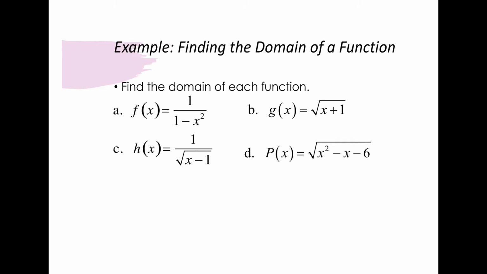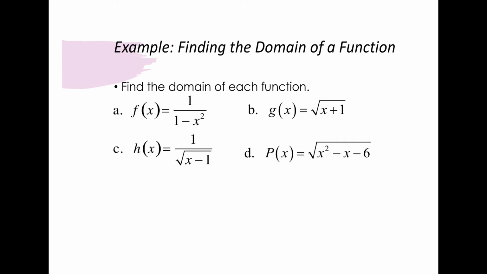So if a function is describing altitude of something, it's very possible that negative numbers wouldn't make any real-world sense. And so domain, a lot of times, if it's representing some sort of real-world application, will usually have some sort of limitations. So there are real-world story problem examples where domain is also limited.